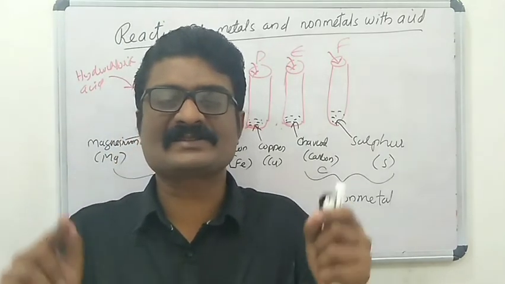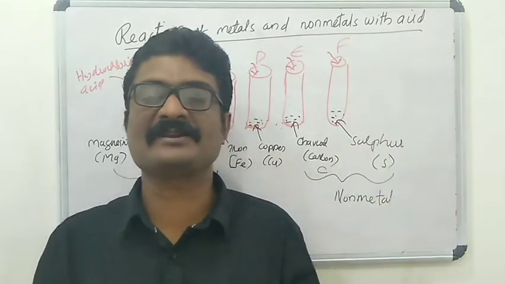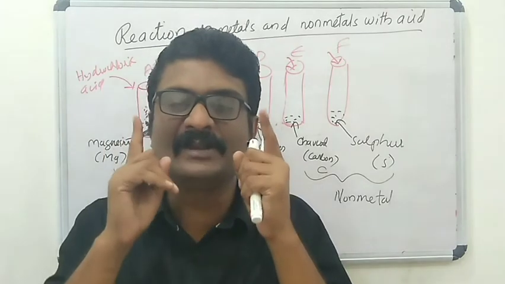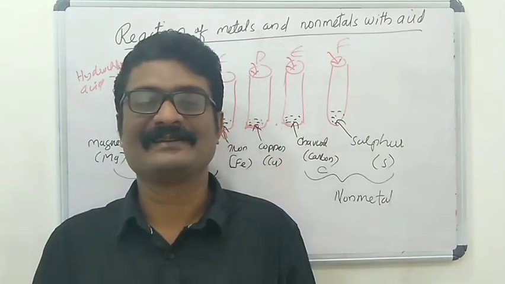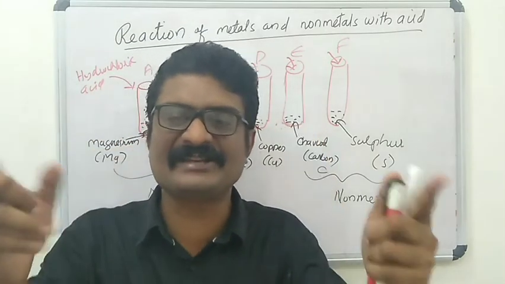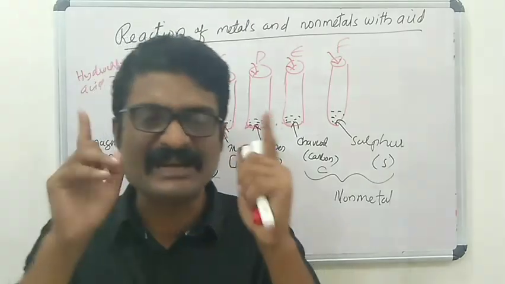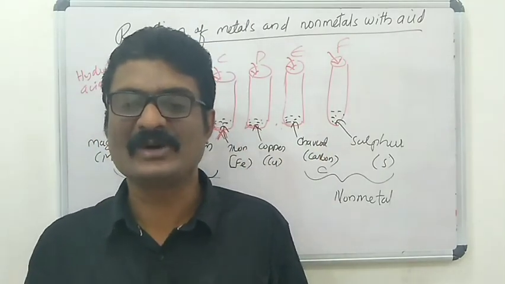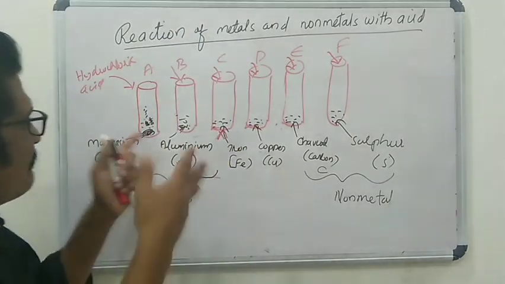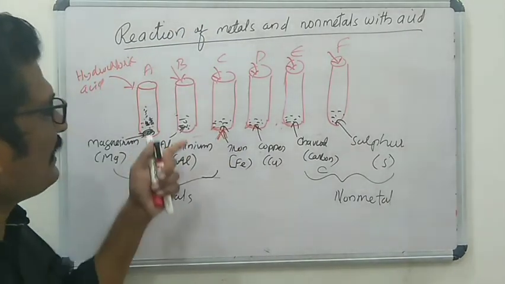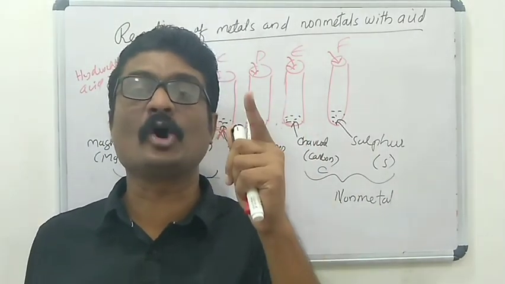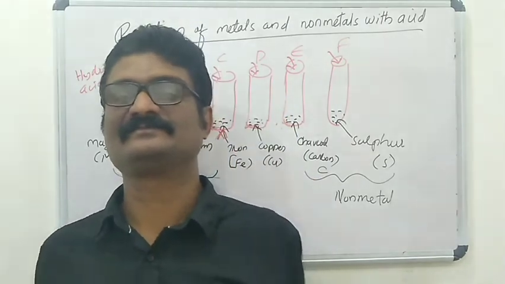Now, what does this bubble formation indicate? The bubble formation indicates that a gas has been evolved. But which gas is evolved is still unknown to us, because the gas evolved in test tubes A, B and C is a colorless and odorless gas.